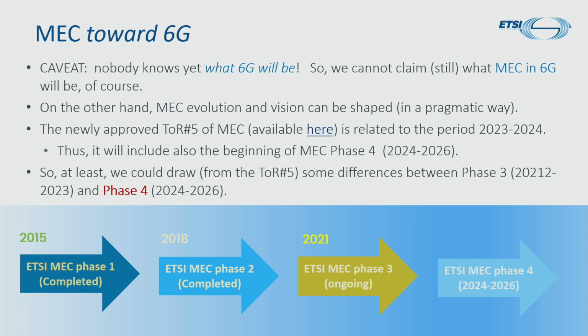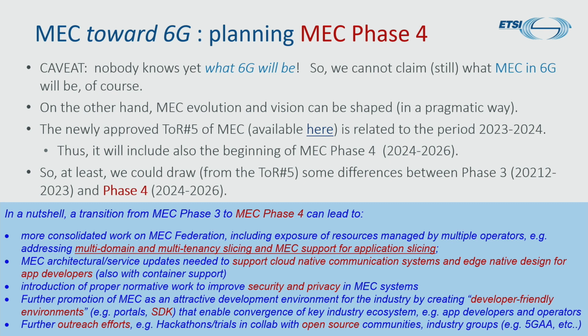But on the other hand, while being careful, we have to be ambitious and study and prepare for what could be pertinent to that phase, because phase 4 will last until the end of 2026, so it's perfectly appropriate to think about the topics that could be relevant and pertinent for MEC to support 6G, considering also that MEC is access agnostic, so we are not going to define the radio access technique. And this is just an extract from the terms of reference in phase 4.